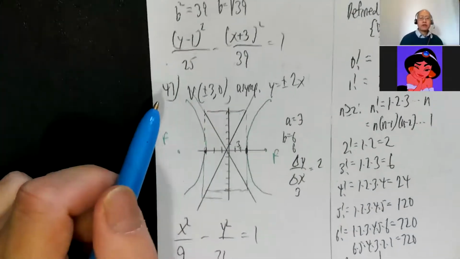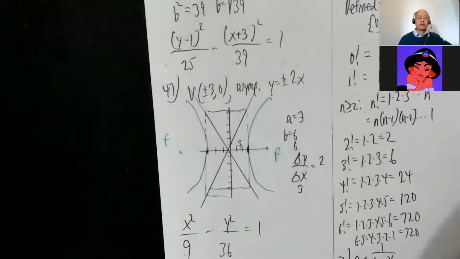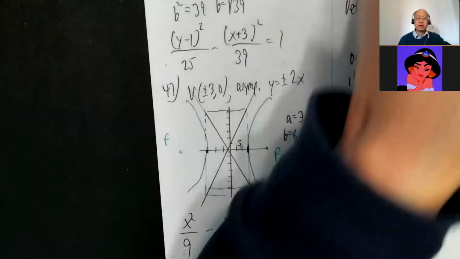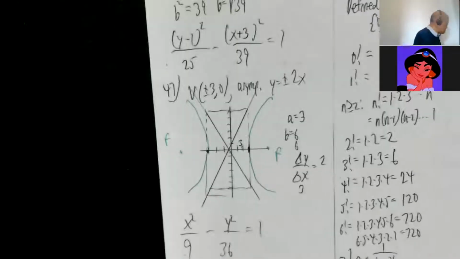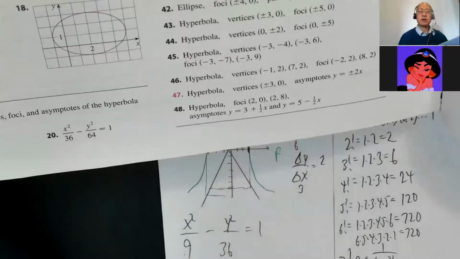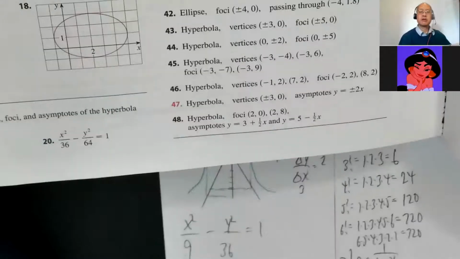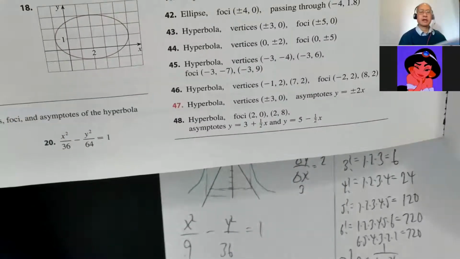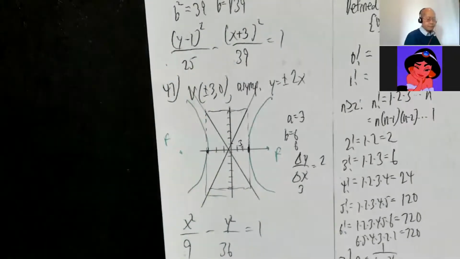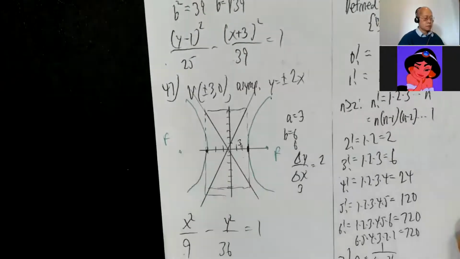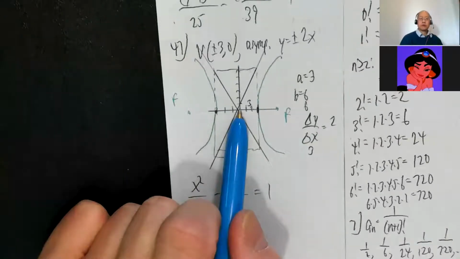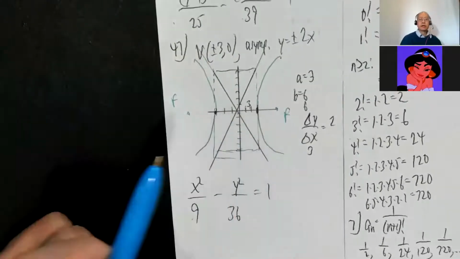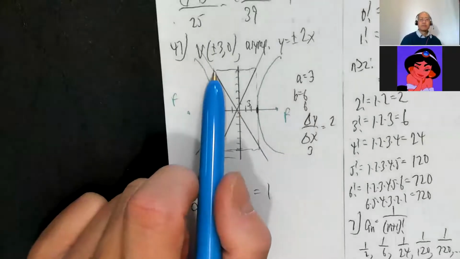Okay, then finally 47. Hyperbola, vertices plus or minus 3, 0. Asymptotes y equals plus or minus 2x. So 1, 2, 3, that gives me a is 3.